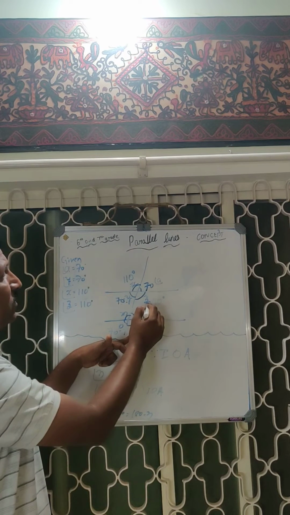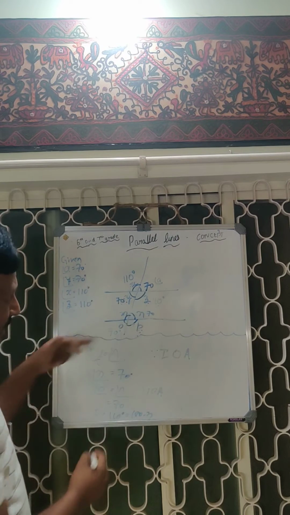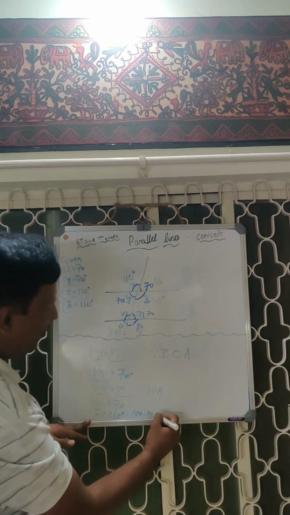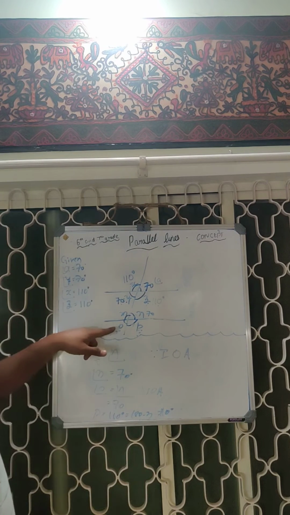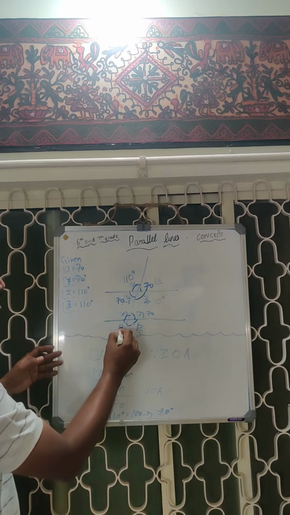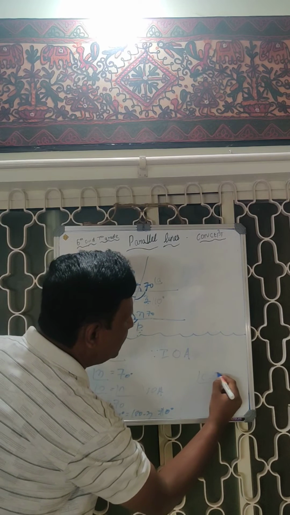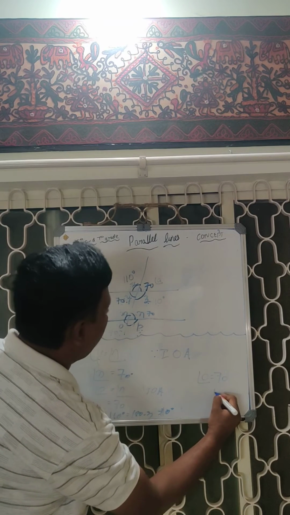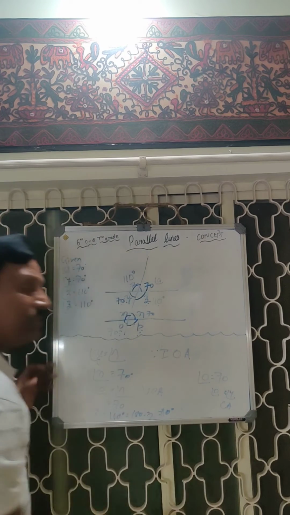So P is equal to Z, that is 110 degrees. And then angle O and Y are corresponding angles. Therefore angle O will be 70 degrees because angle O and angle Y are corresponding angles.